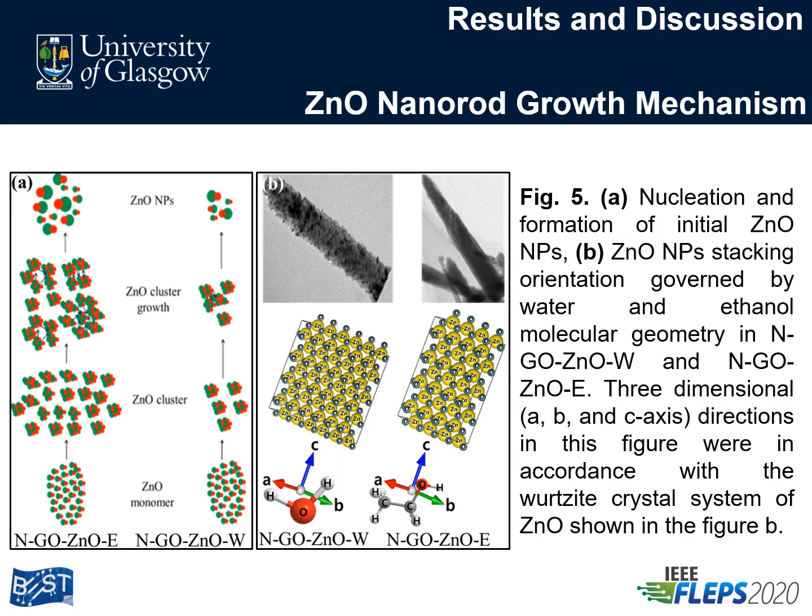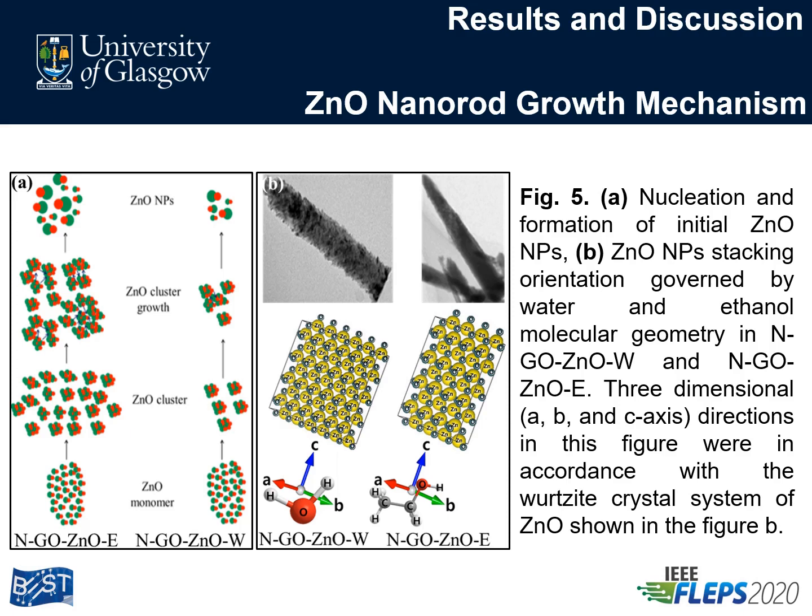Besides, the population of zinc oxide nanorod in both cases was attributed to the dielectric constant of water and ethanol. In Figure 5b, the obtained results conclude that the functional atoms in water are present in three dimensions, A, B, and C axis, and therefore they can coordinate with the metal ions in all possible directions of the wurtzite hexagonal crystal system of zinc oxide, leading to lower aspect ratio nanorods.